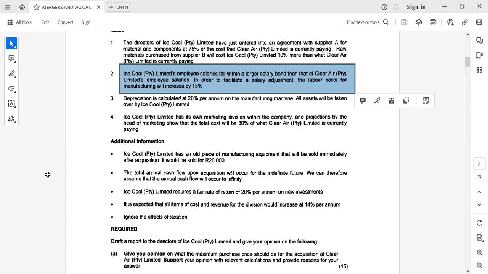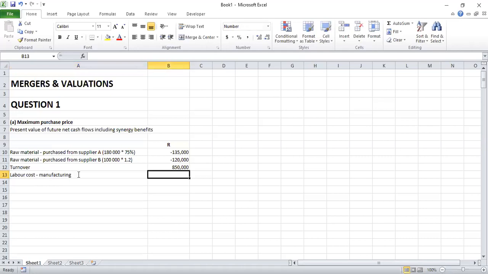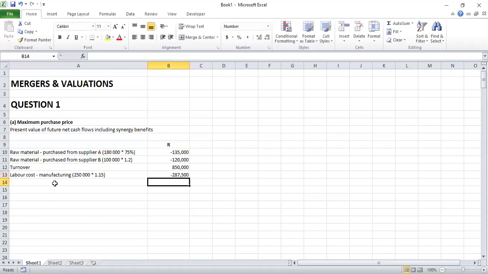So that's 250,000 multiplied by 1.15. What do we get? To 8,700. Right.